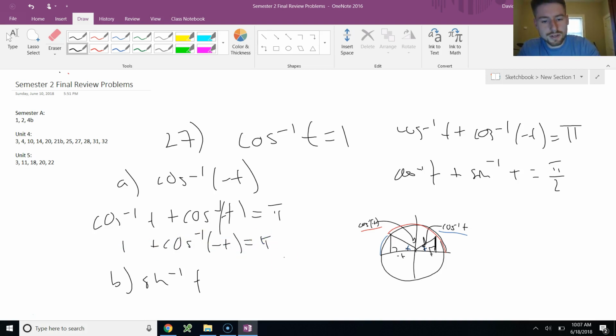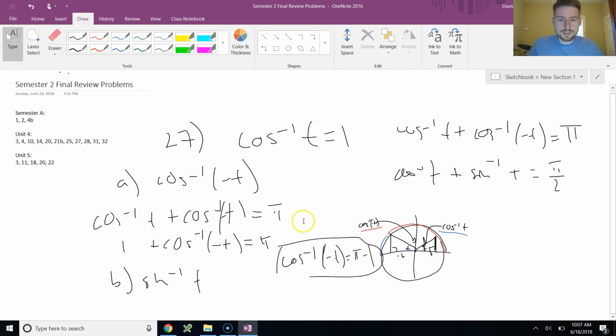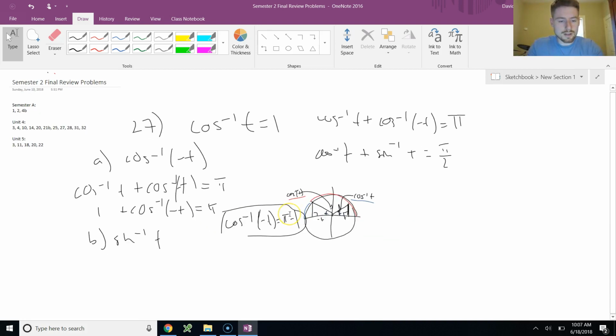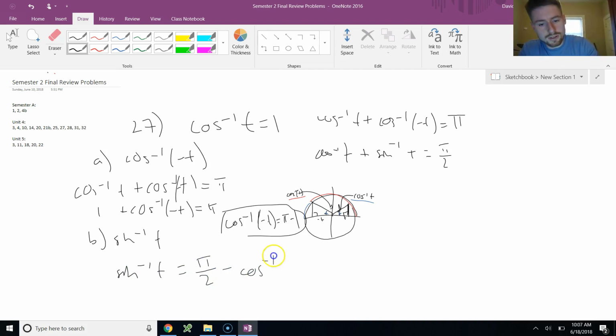And so cosine inverse of negative t is equal to pi minus 1. And then for sine inverse of t, we use the fact that they're complementary angles. So sine inverse of t is equal to pi over 2 minus cosine inverse of t, which is equal to pi over 2 minus 1.